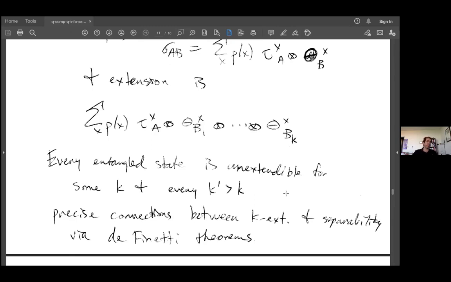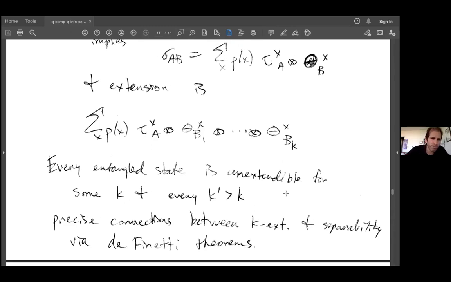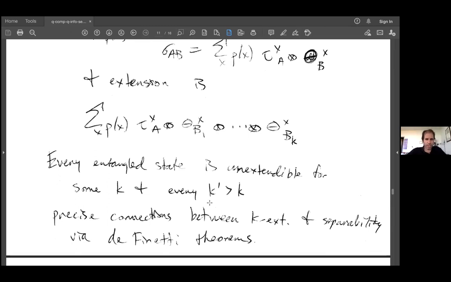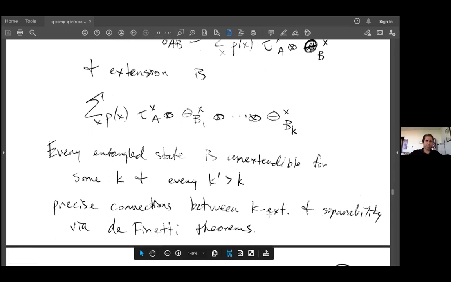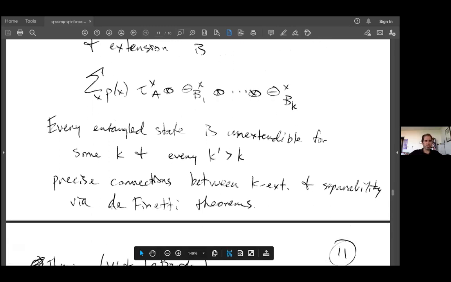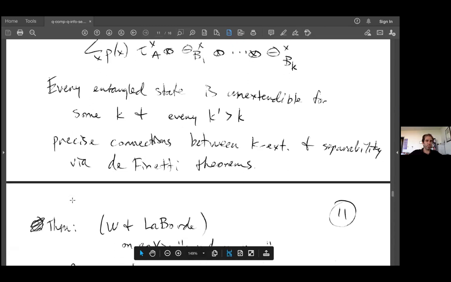When K is infinity, that actually coincides with the separable states. I didn't argue for that, but it's true. And then if you want precise connections between K extendability and separability, this kind of stuff is known, and it's given by what's called de Finetti theorems.